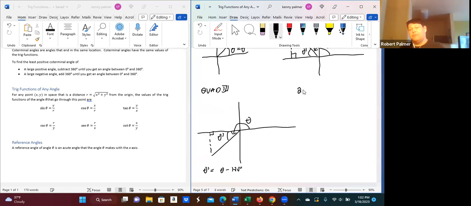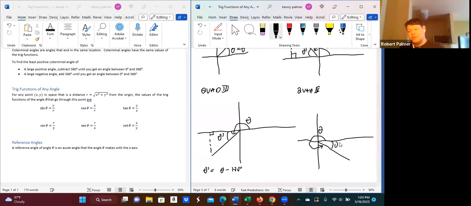And then finally, in quadrant 4, okay, let's say we have an angle that ends here. So here's our angle theta.